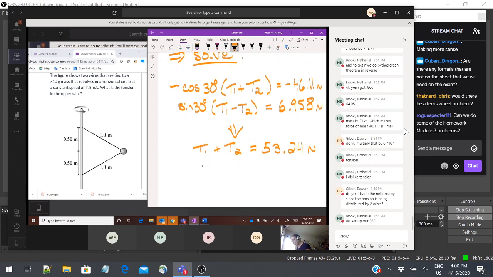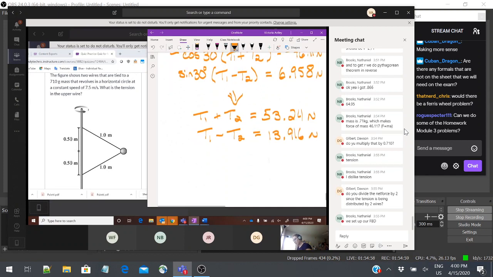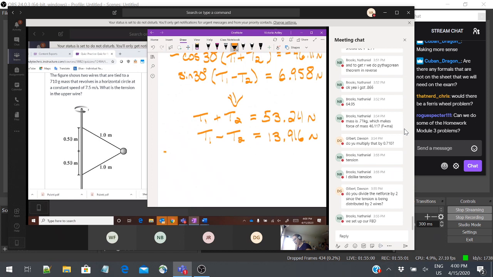And then T1 minus T2 equals 6.958 divided by the sine of 30, which is 13.916 newtons. And then I add both together, so I get 2T1 equals 67.16 newtons.